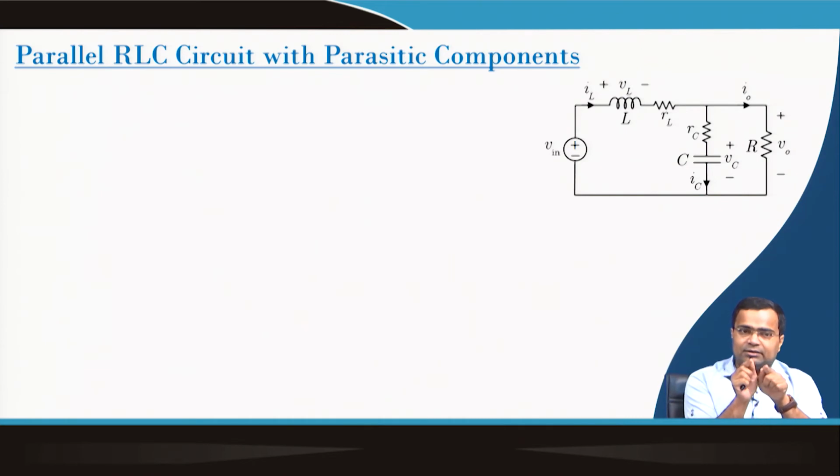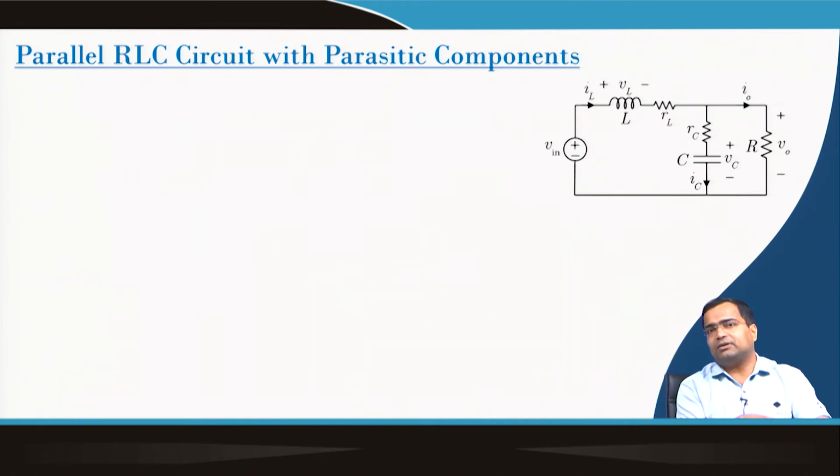Also, the capacitor lead where we connect it in the circuit will have parasitic resistance, like a trace resistance, and it will also have trace inductance. So, if you connect all these parasitics, then we can write it in terms of impedance form.